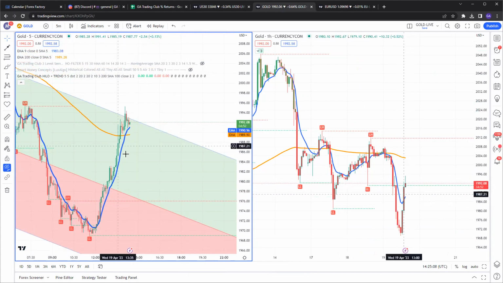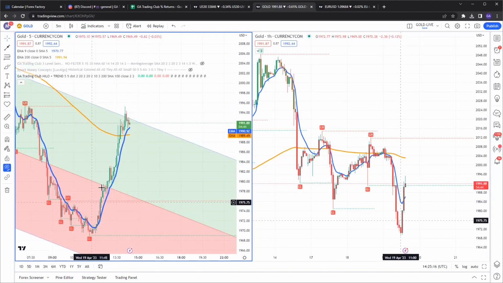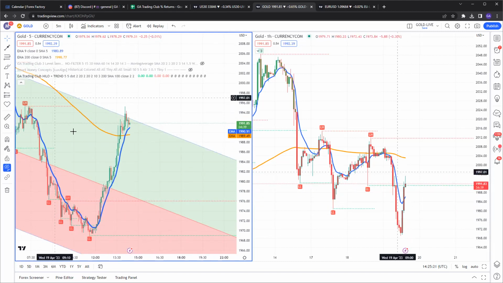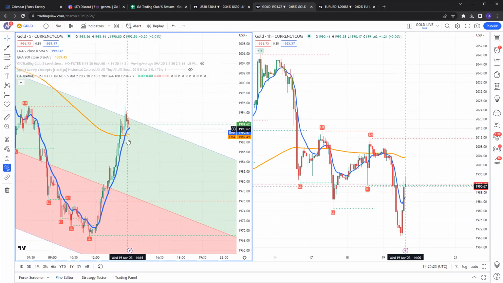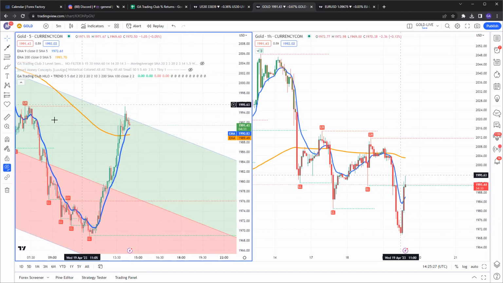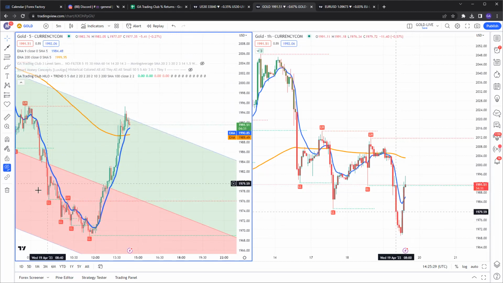So ideally, for a better confluence on either bullish or bearish, if you're in a bullish channel, you also want both of these channels to be trending to the upside, right? Because this gives you kind of mixed signals. So yes, we're in a bullish zone. We do have the golden cross. That's a good enough confluence, but a better confluence would be if these green and red zones were trending to the upside.